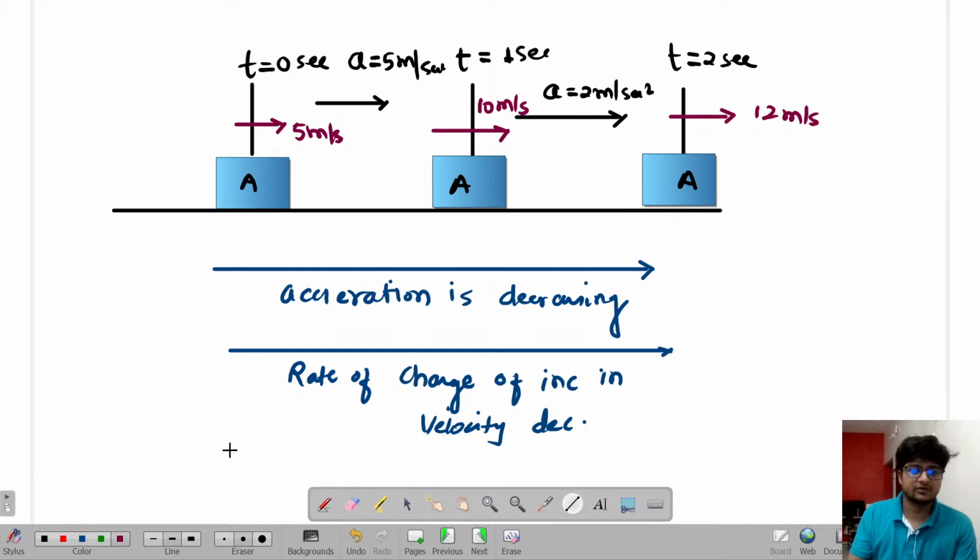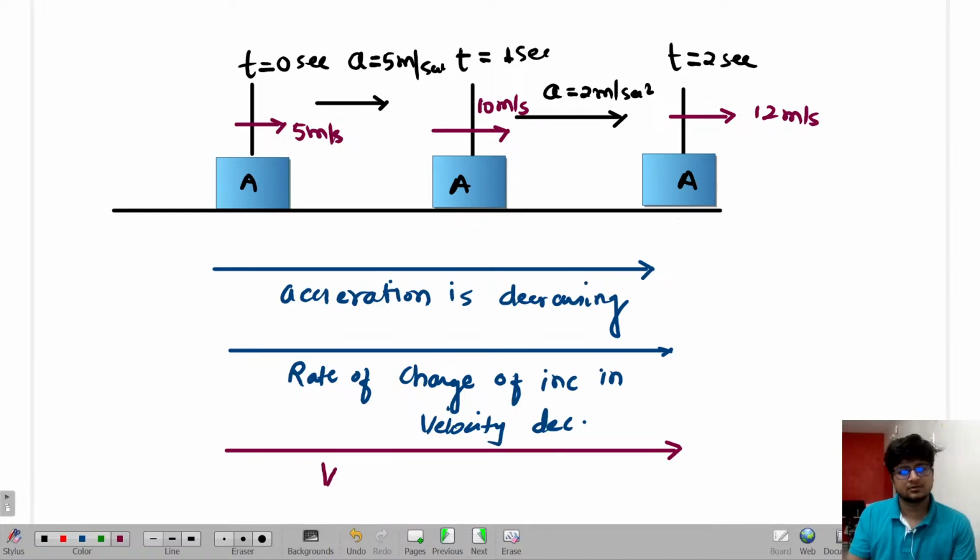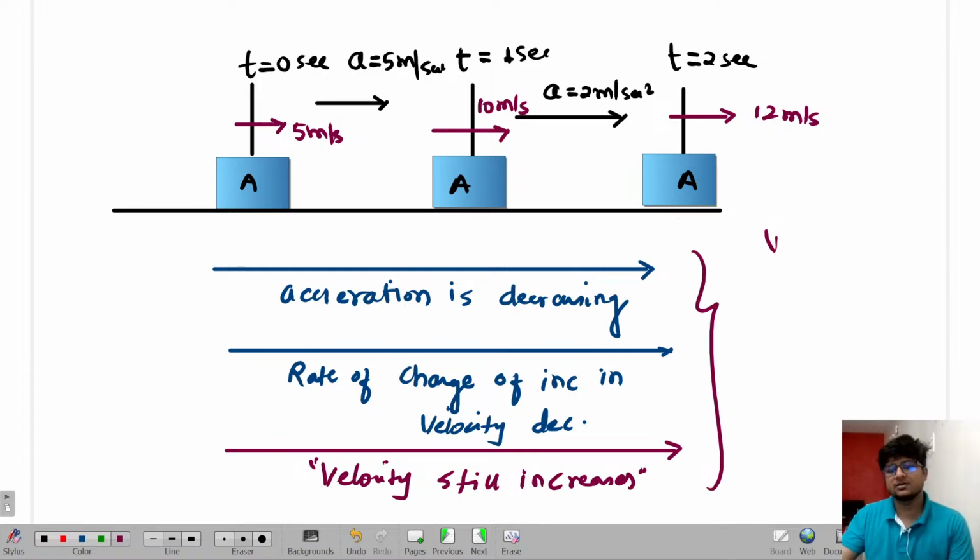So from here to here, velocity still increases. So the question arises, when does velocity decrease? Simple idea: velocity decreases only when acceleration is negative, not positive.